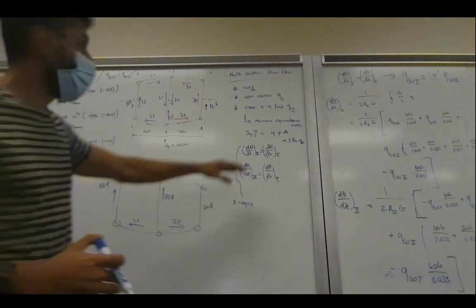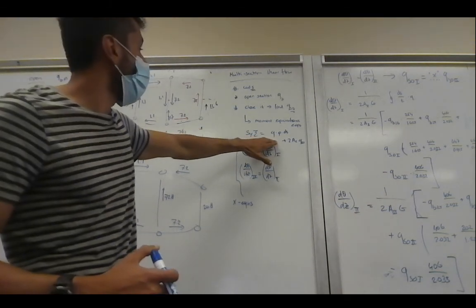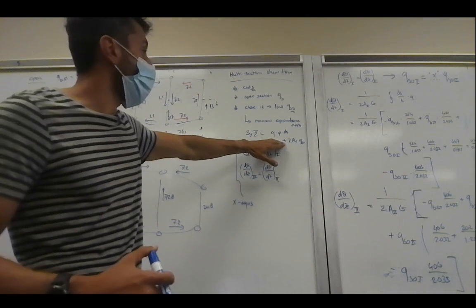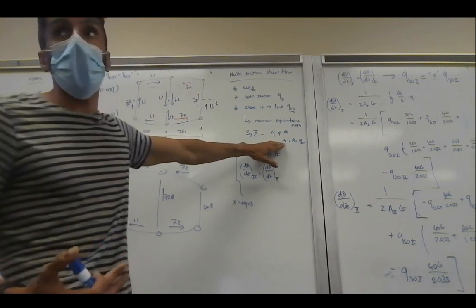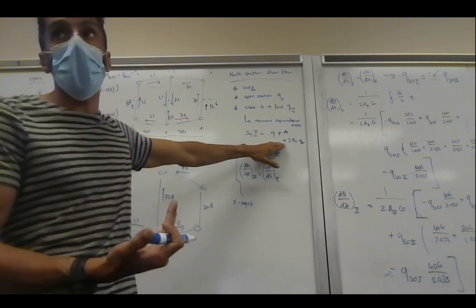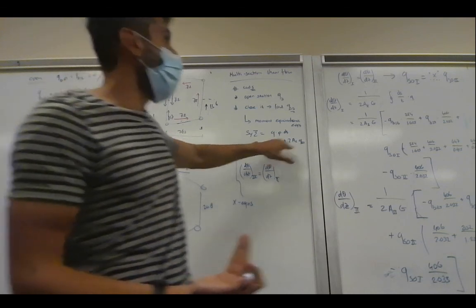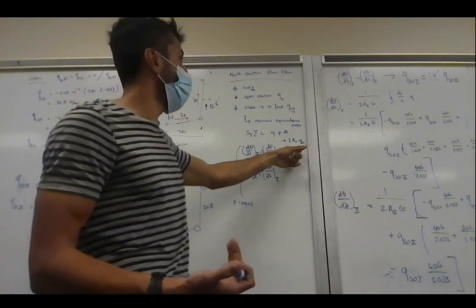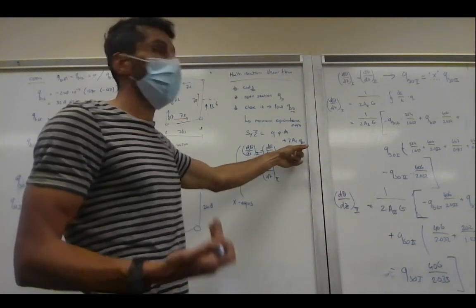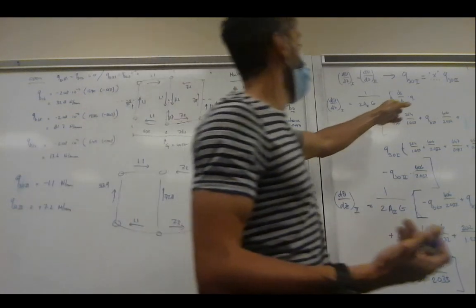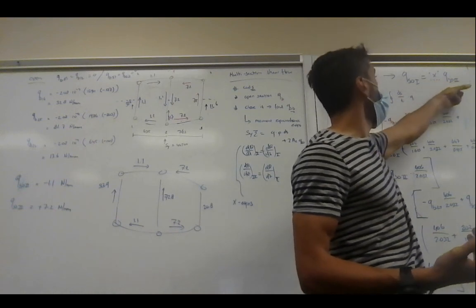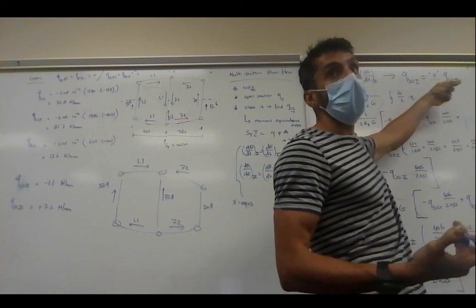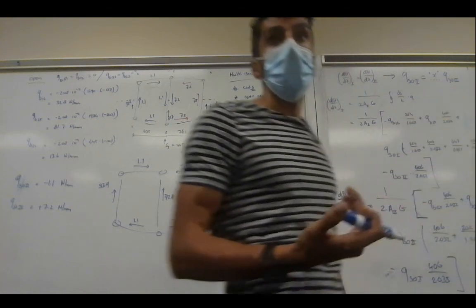Once you have that, you can back substitute into this equation, and now you don't have two unknowns, you have one equation, one unknown. So you can solve for that one unknown, and the second unknown will be solved by this relationship. Say, for example, QS01 is 5 QS02, that means QS02 is 1 over 5 QS01. So this becomes 1.